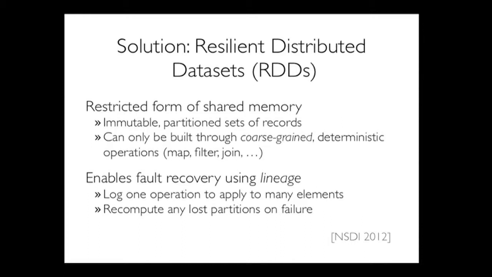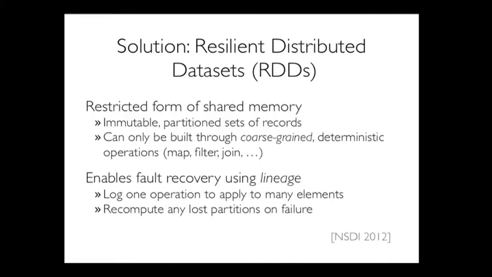First of all, they're immutable. Once you create one, you can't go and randomly change it. There's a lot of elements of functional programming in here. And the second thing is that they can only be built through coarse-grained deterministic operations that usually you apply at the level of an entire data set. So for example, you pass a data set through a map function.